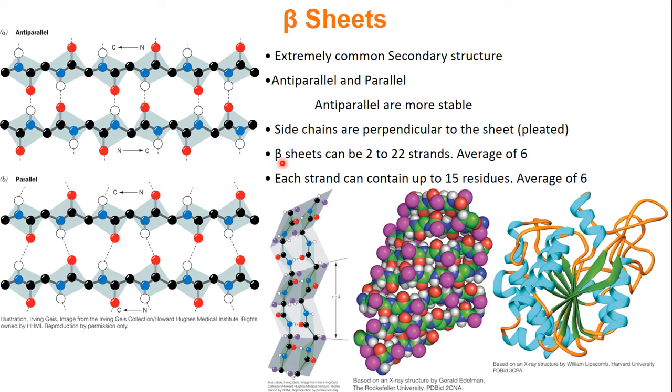On average, beta sheets can be 2 to 22 strands, average of 6 strands. Each strand generally has 15 residues, average of 6 residues per strand. So here are some different representations of the sheet. Here we have our space filling model. What you can see here, the purple are your side chain designations.